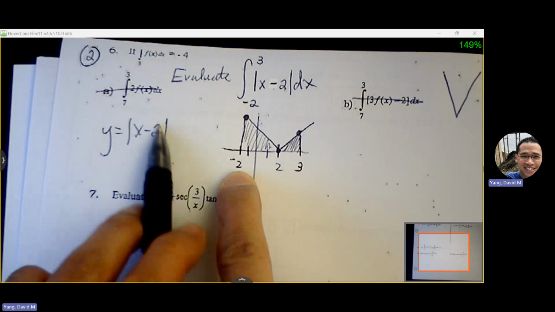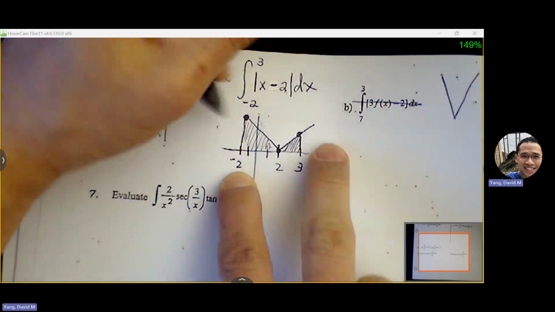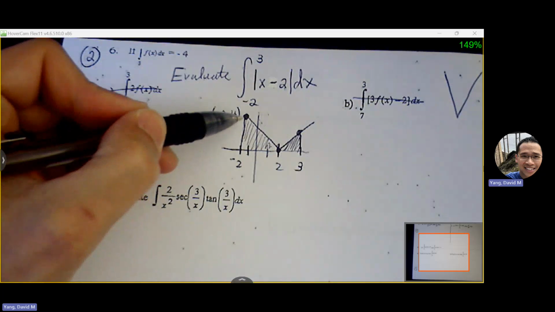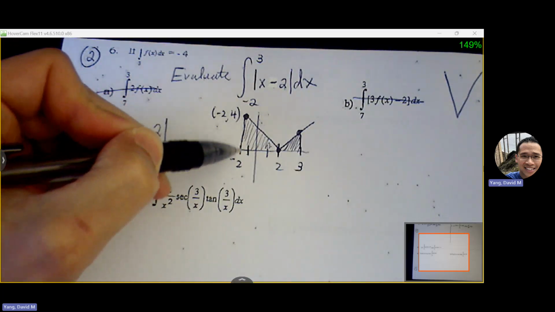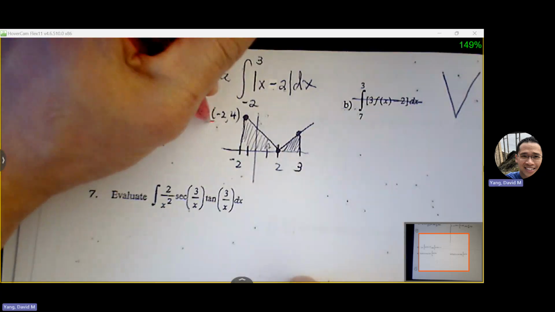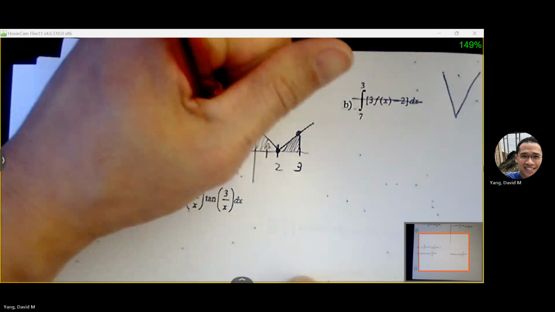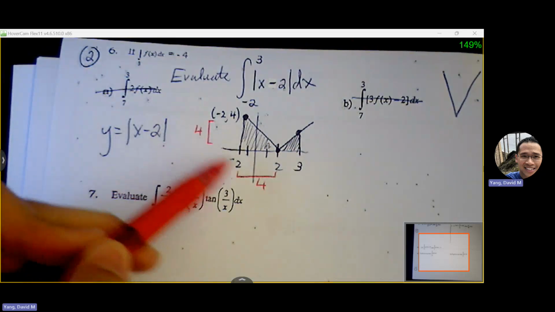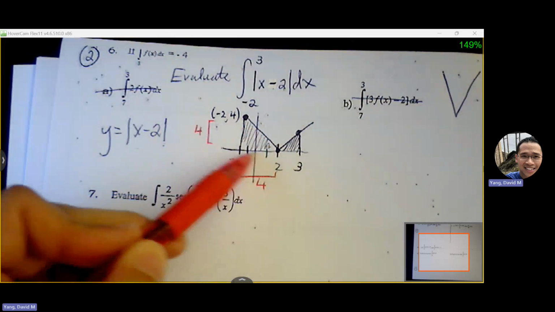Okay, what's the absolute value of -4? 4. So my ordered pair here is (-2, 4), and that 4 is the height of my triangle here. So the height of my triangle is 4. The width of my triangle here is 4. And I can do 1/2 base times height to get the area of this region.